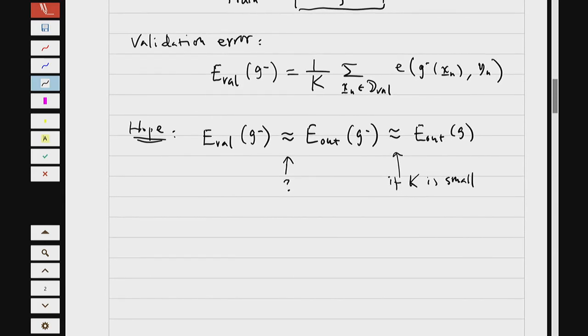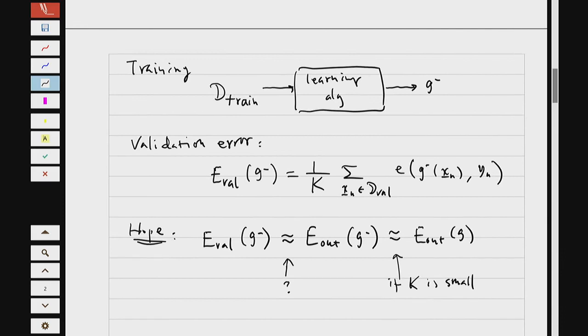It requires some mathematical analysis. Fortunately, this mathematical analysis is very similar to what we have already done for the case of generalization. The reason being, G minus, this hypothesis, was picked out of the training data set, and the training data set is different from the validation data set. So G minus is independent of the validation data set.